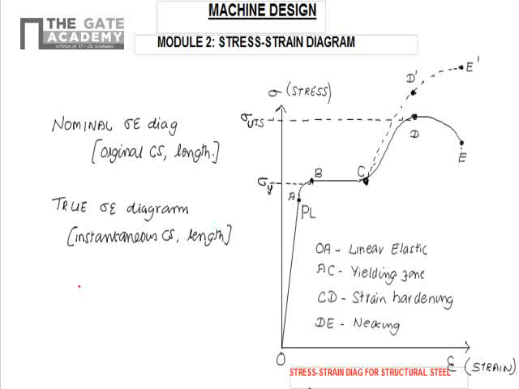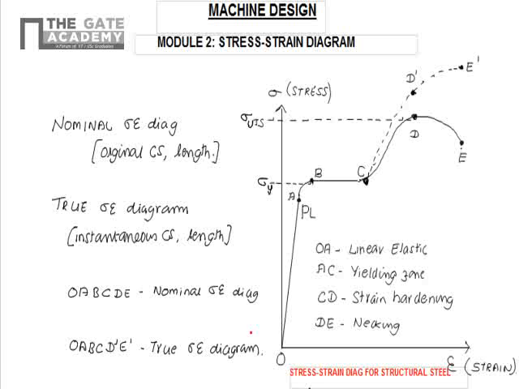So in this figure, O, A, B, C, D, E is the nominal stress-strain diagram, whereas O, A, B, C, D dash, E dash is called the true stress-strain diagram. So that is about the stress-strain diagram for structural steel.